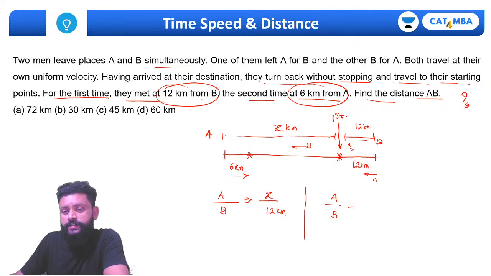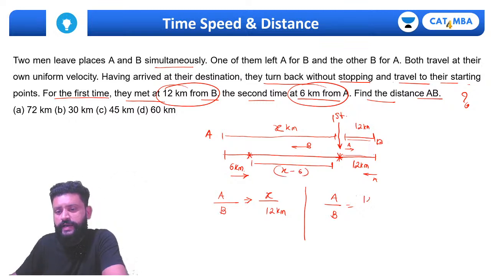A will cover kilometers, then again 12 kilometers, and this distance must be x minus 6. So A must have traveled 12 plus 12 plus x minus 6.